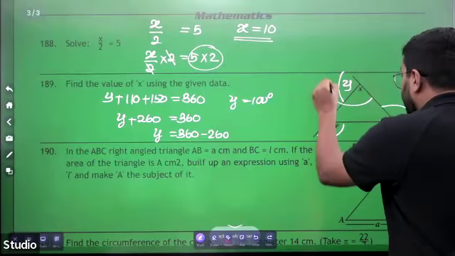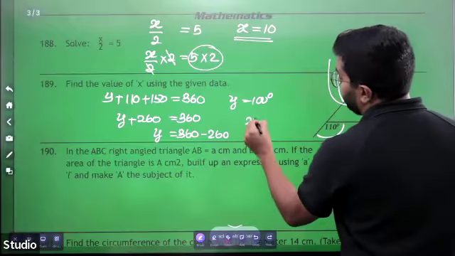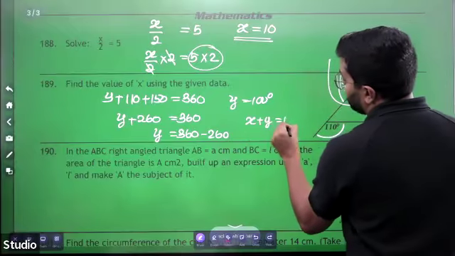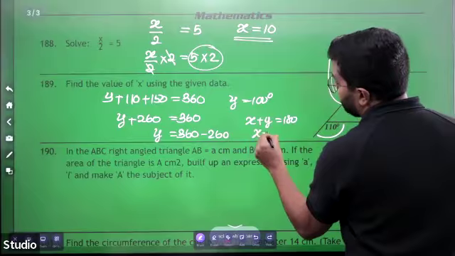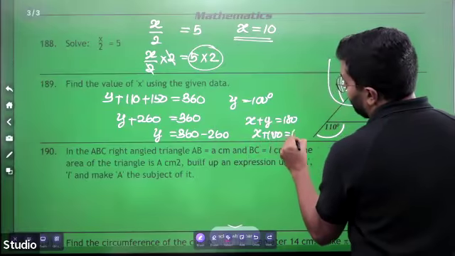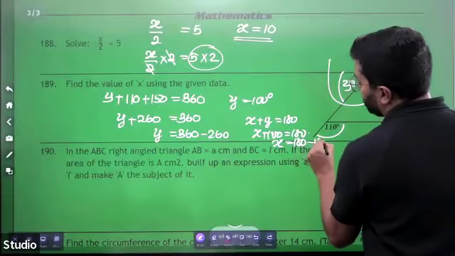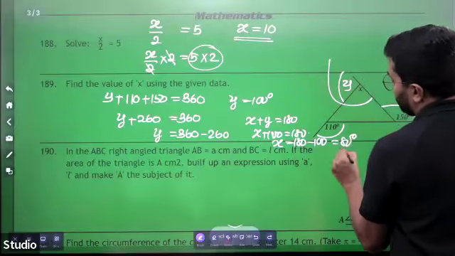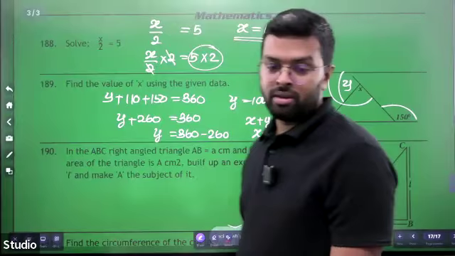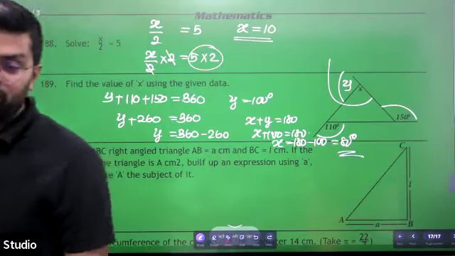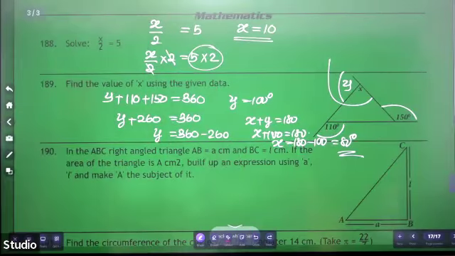Right? X plus y equals 180. X plus 100 equals 180. X equals 180 minus 100. X equals 80 degrees. Okay. Clear?